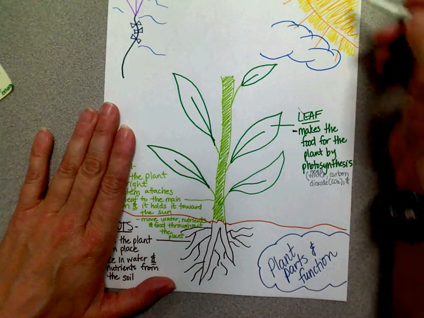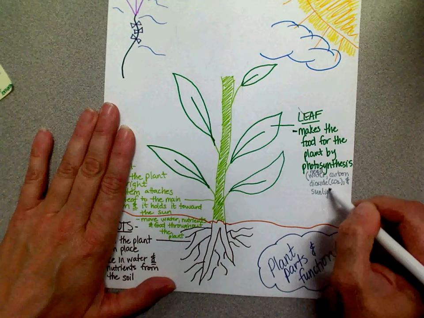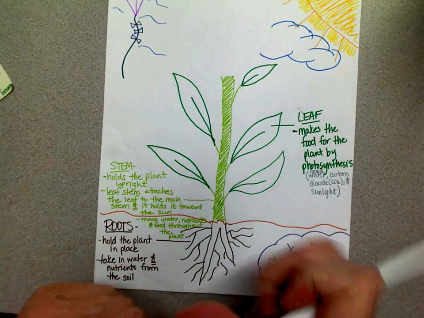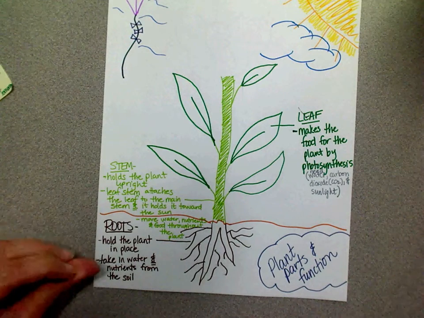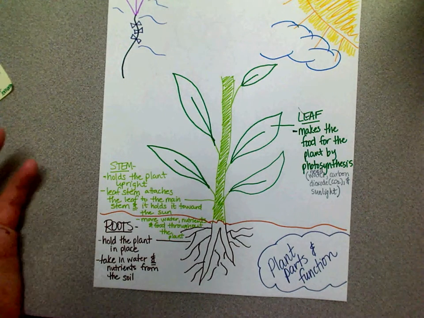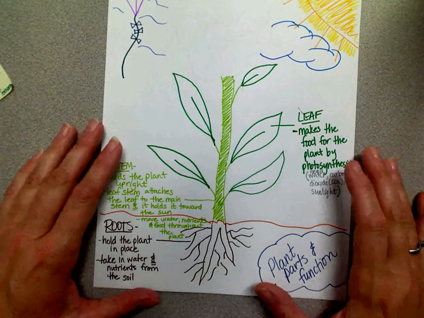Very good. This bright old sunlight up here, right? Okay, so every plant needs those things to survive, okay? So I have a question for you. What would happen if it didn't have those things? Pondering minds, right?